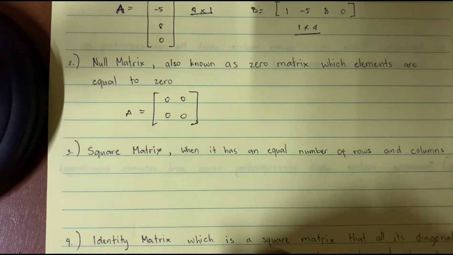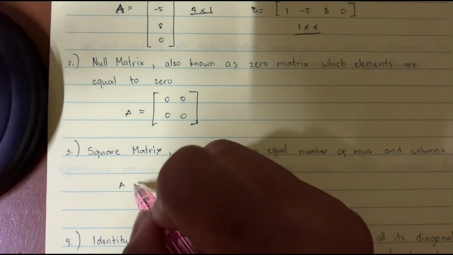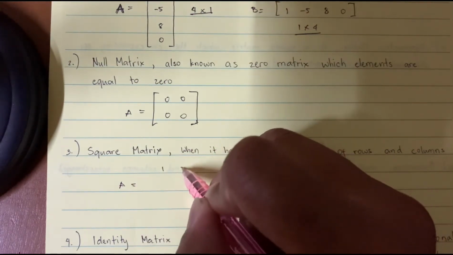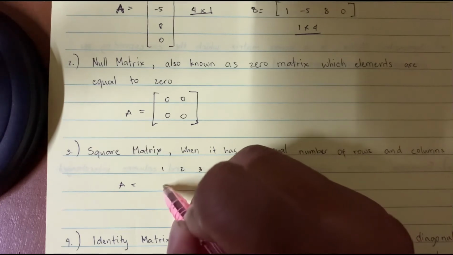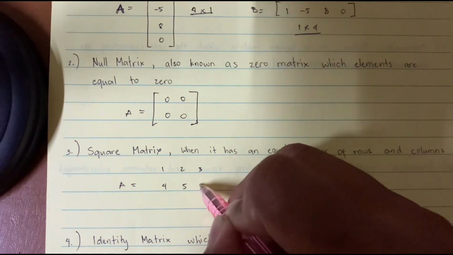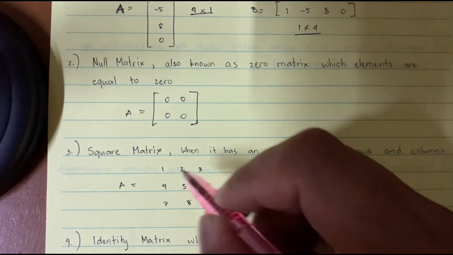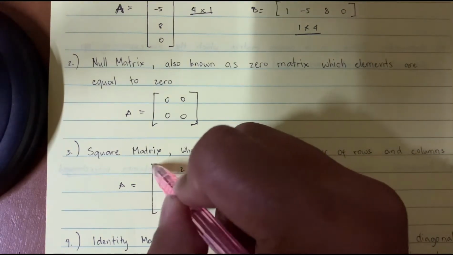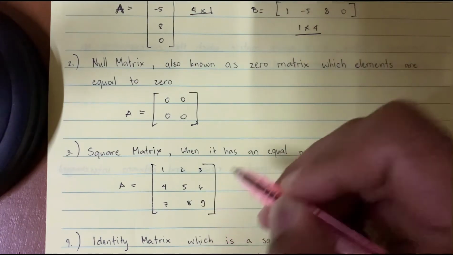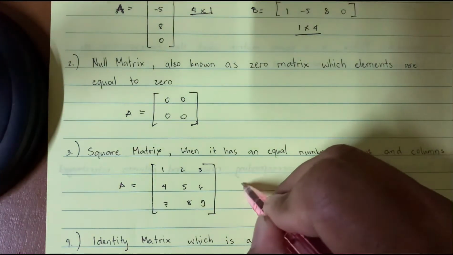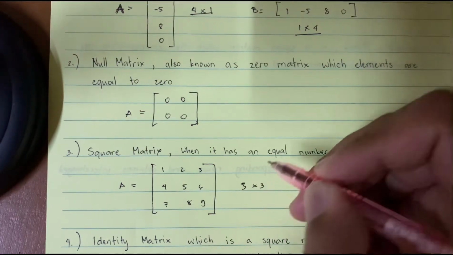For example, matrix A is equal to 1, 2, 3, 4, 5, 6, 7, 8, 9. This is a perfect example of a square matrix, a 3x3 matrix.